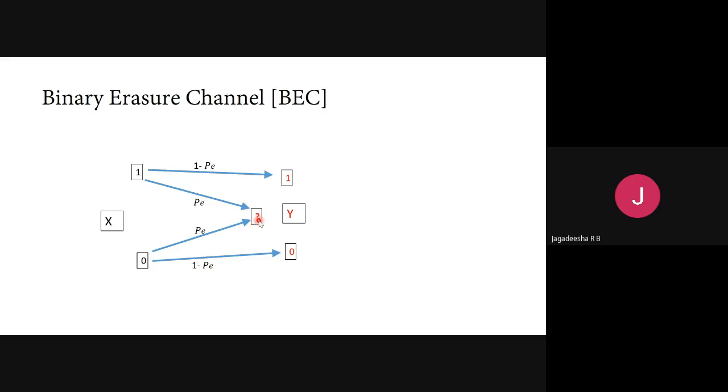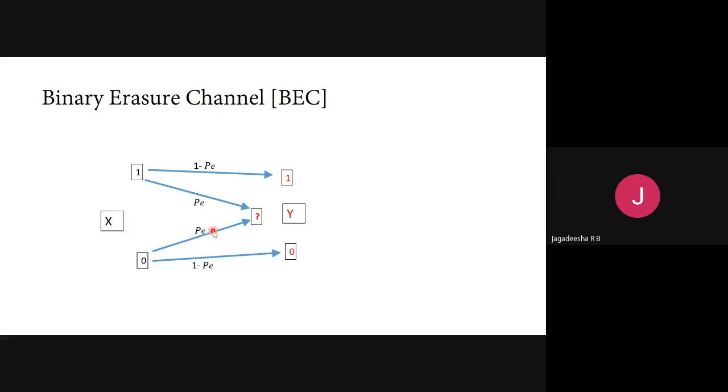I mean, the receiver doesn't know what it is. In another instance, if a 0 was transmitted, that may appear at the receiver Y as a 0 itself without any error. The probability of this event occurring is 1 minus PE. Instead, a 0 transmission may result in something unpredictable, a question mark, at the receiver with the probability of PE.